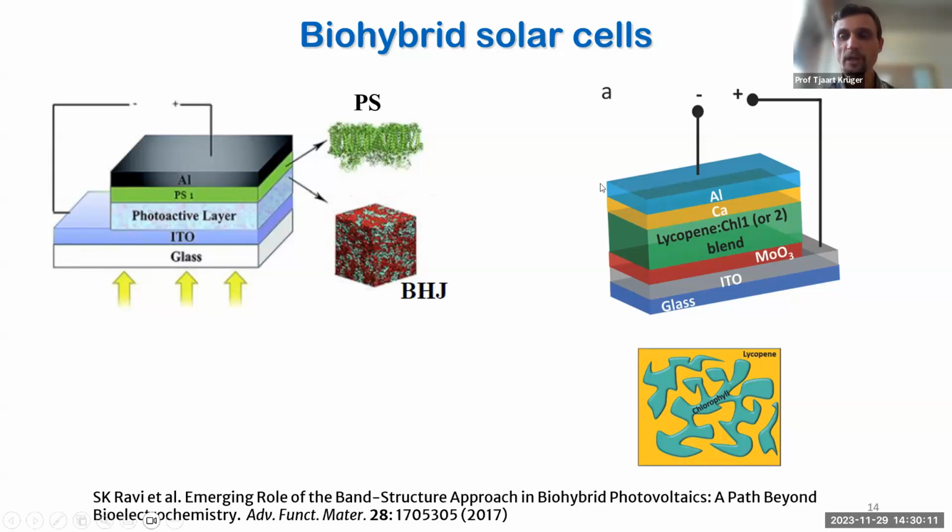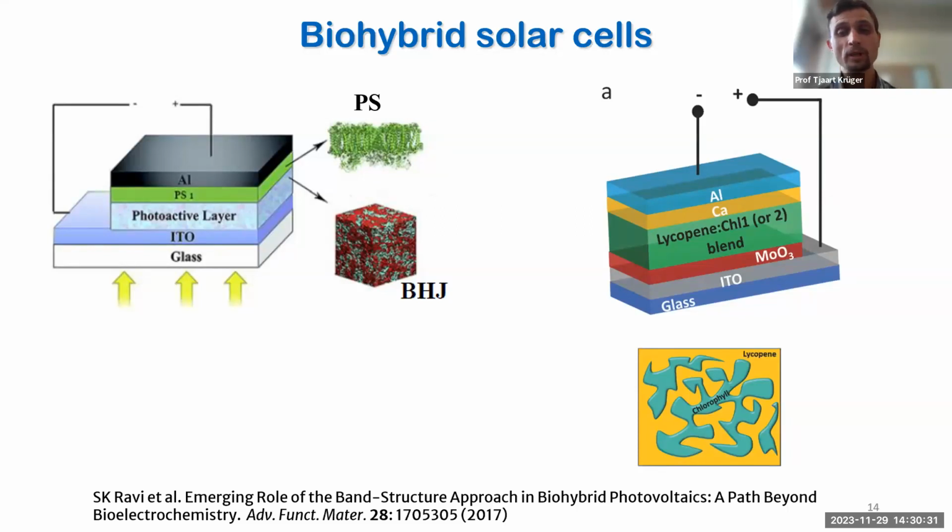In the case of pigment blends, well, the charge generation efficiency is not very high. And in the case of complete photosystems, these charges are extracted at relatively late stages of the photosynthetic process, with the result that the yield is also relatively low.